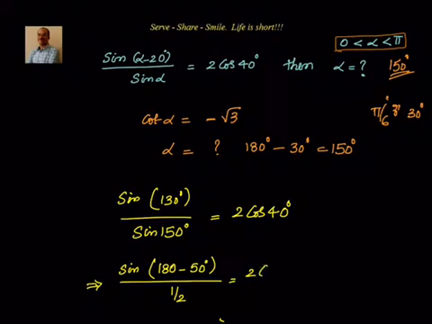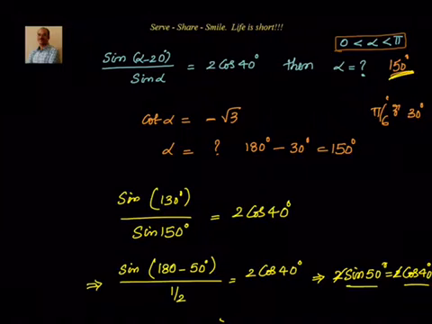When you simplify, you get 2 sine 50 equal to 2 cos 40 degrees, which is correct because sine 50 equals cos 40 degrees, as 50 and 40 are complementary angles. So the answer we got, 150 degrees, is perfectly correct.